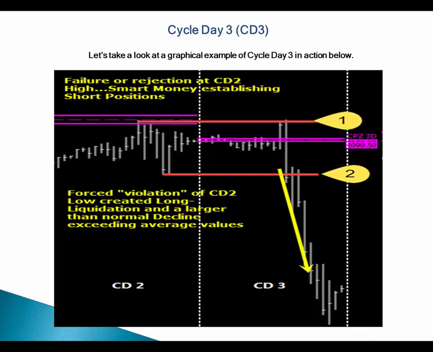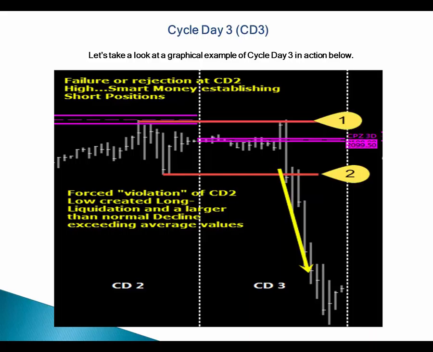All right. So what happens then on? All right. Well, okay. So how do you define a forced violation? Good question. We're coming right into that. So a forced violation is a push below the prior day's low. So in this case, on the slide here on the left side, it's cycle day 2, right?